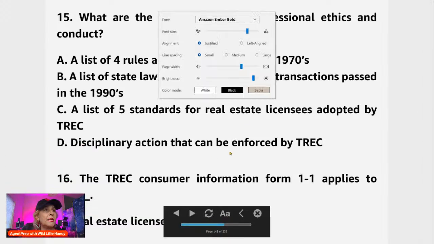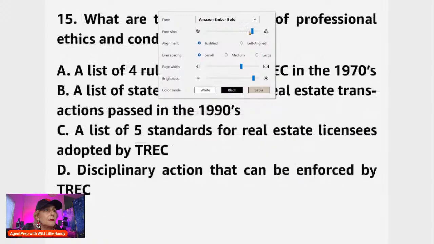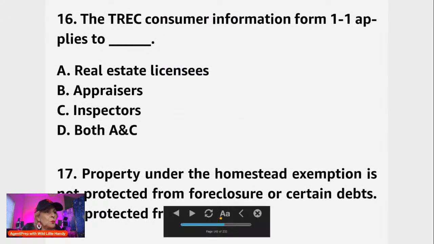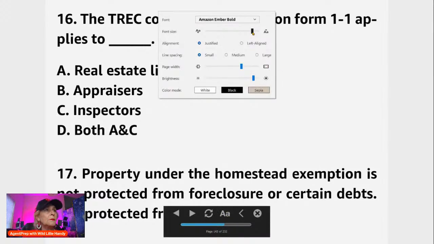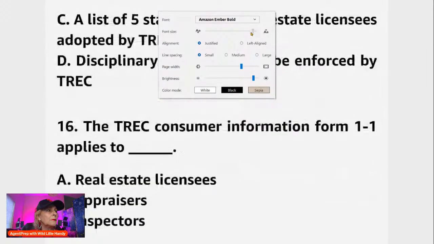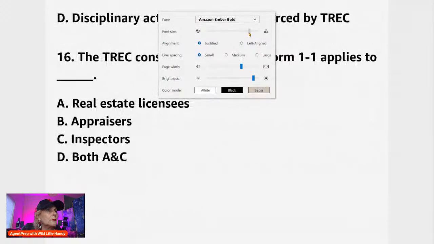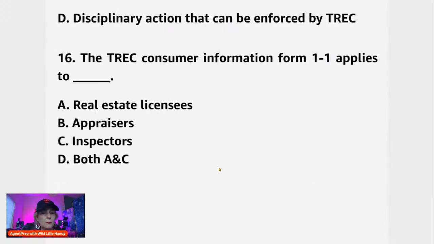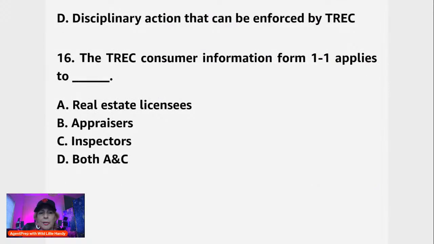Number 16. Okay, right there. The TREC Consumer Information Form 1-1 applies to blank. A, real estate licensees.